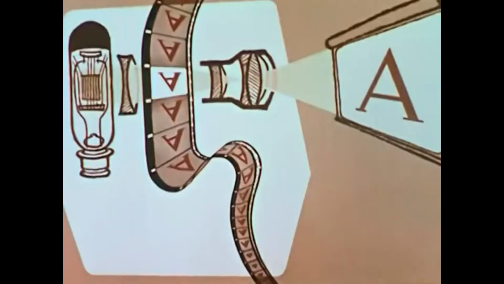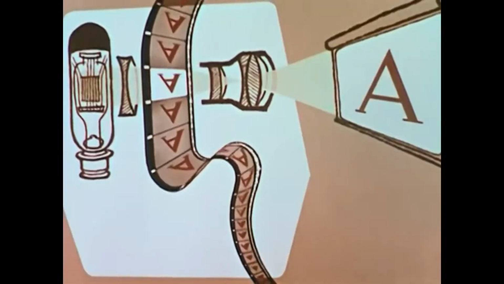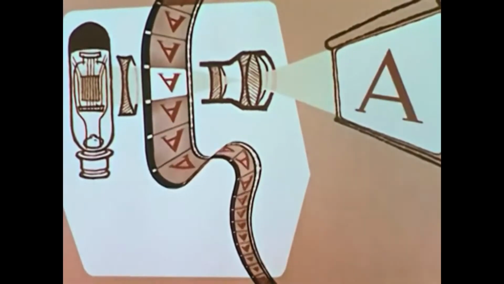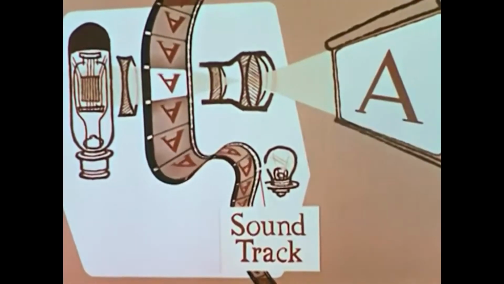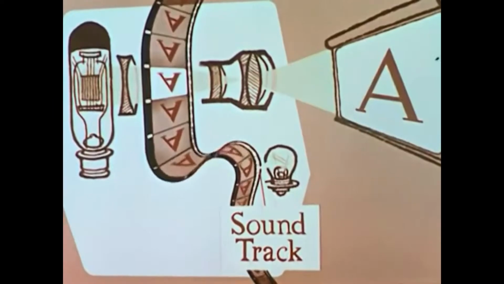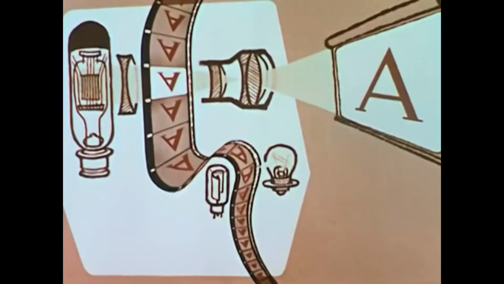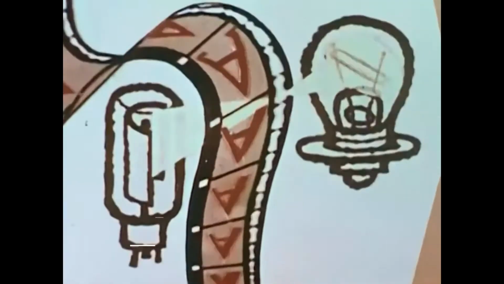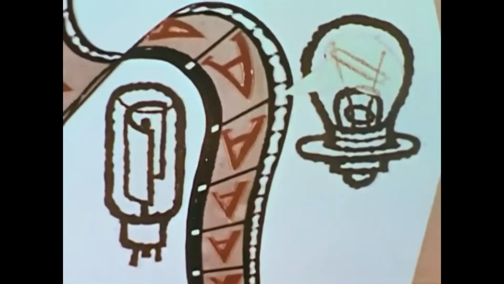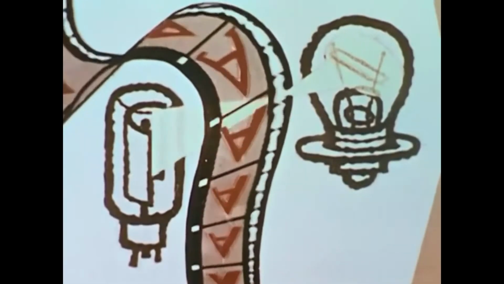Next, the film enters the sound section. Here, an exciter lamp passes light through the soundtrack area of the film. This light is received by the photocell. Sound waves, which have been recorded as variations of light and dark areas on this film, cause the light beam reaching the photocell to vary in brightness.